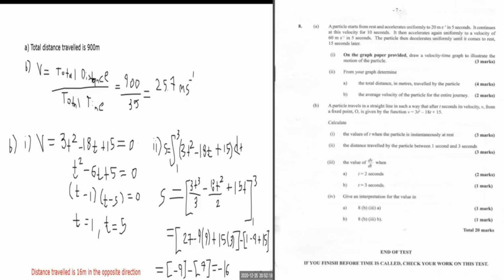Now part 3 of the question. Part 3 says, find dv by dt when t equals 2 and 3. So dv by dt is what we get when we differentiate v. When we differentiate, we get 6t minus 18. That's dv by dt.